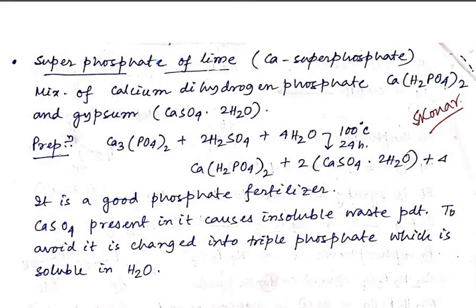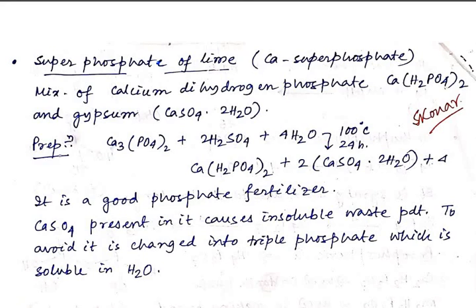So superphosphate of lime, that is a very well known and very useful phosphate fertilizer. Calcium sulfate present in it is an insoluble waste product. To avoid it, it is changed into triple phosphate, which is soluble in water.